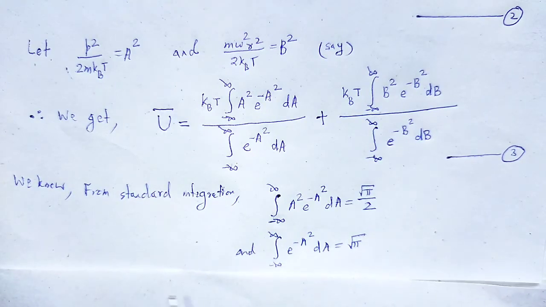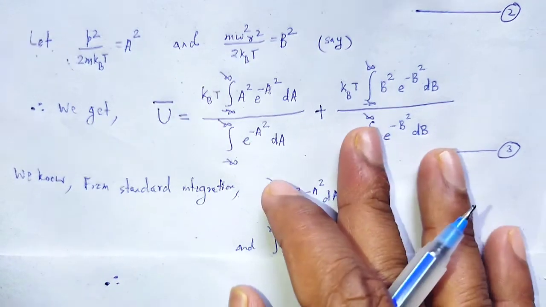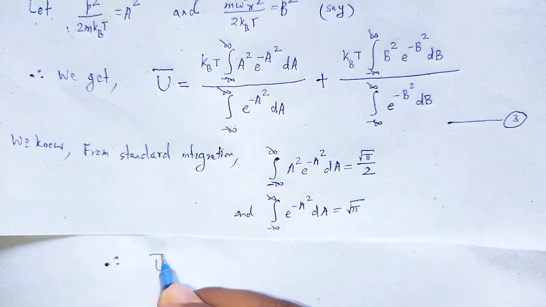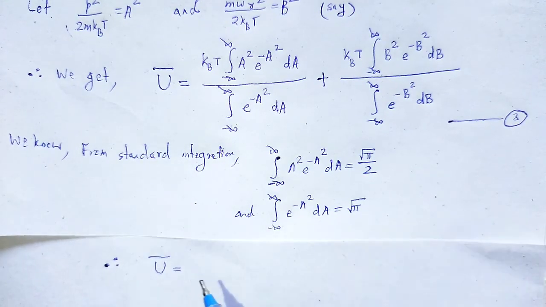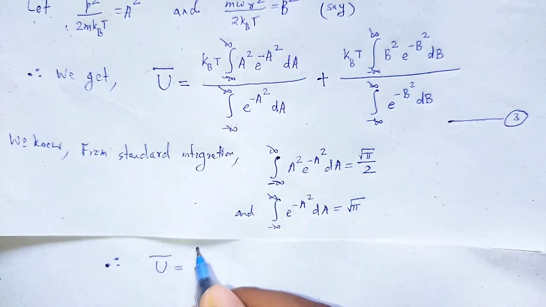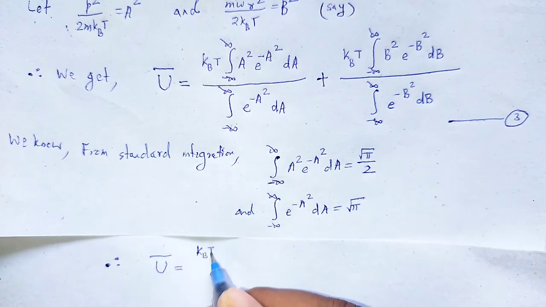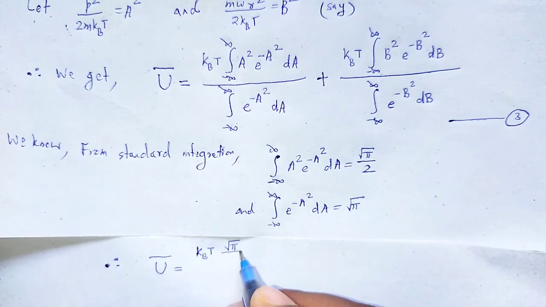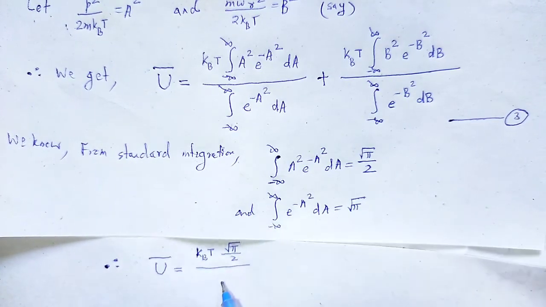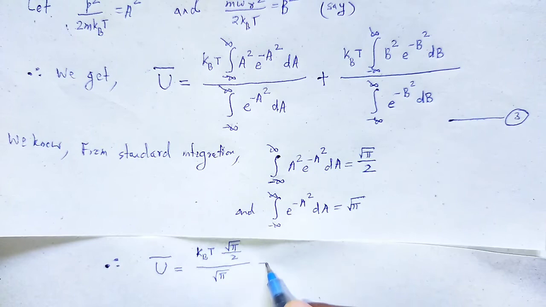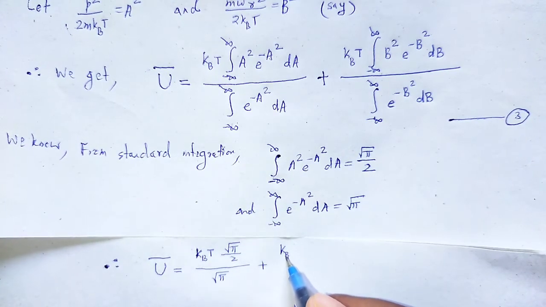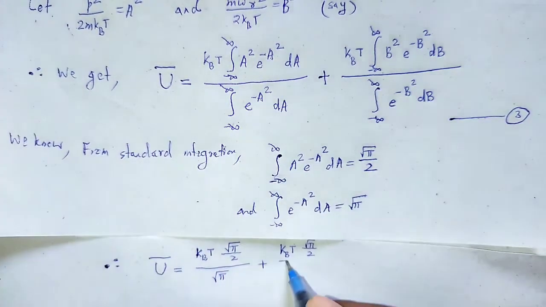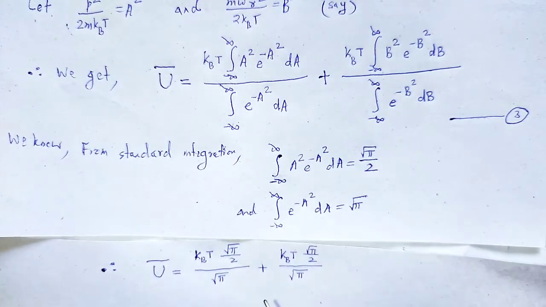Therefore, u bar is equal to kBT root pi divided by 2 divided by root pi, plus kBT root pi divided by 2 whole divided by root pi.